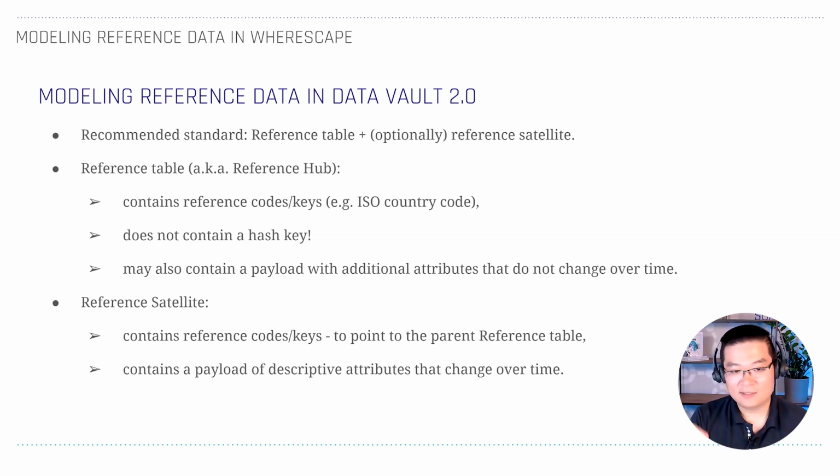And then hanging off of that, you would have a reference satellite that has the payload of descriptive attributes. Later on, when we talk about modeling reference data in WhereScape, you will see that they also follow a very similar approach to this reference hub and satellites.